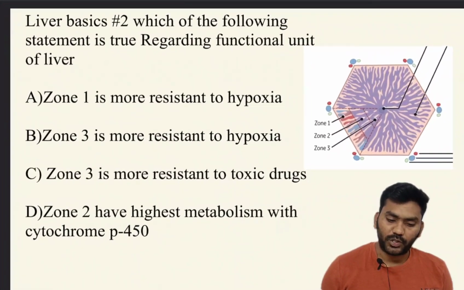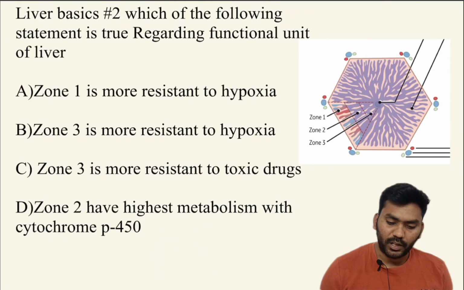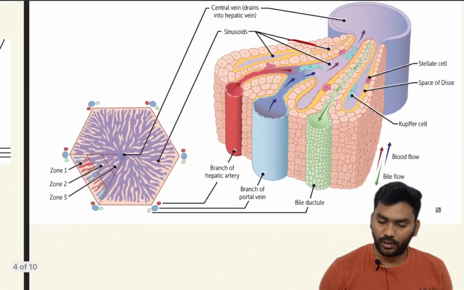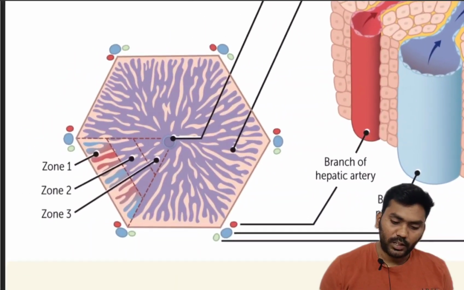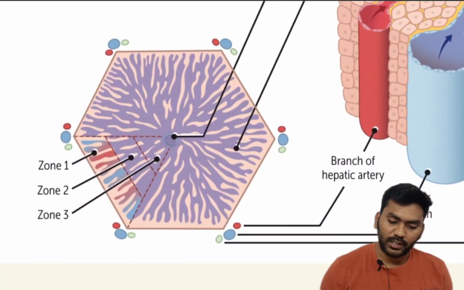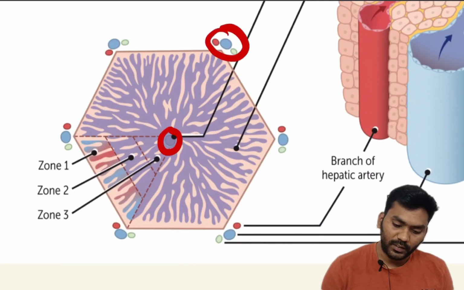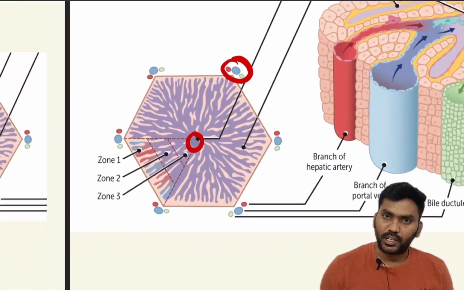Coming to the second question, which of the following statements is true regarding the functional unit of the liver? Let us discuss the functional unit of the liver. It is arranged in hexagonal lobules with the central vein in the center and the portal triad at each edge.